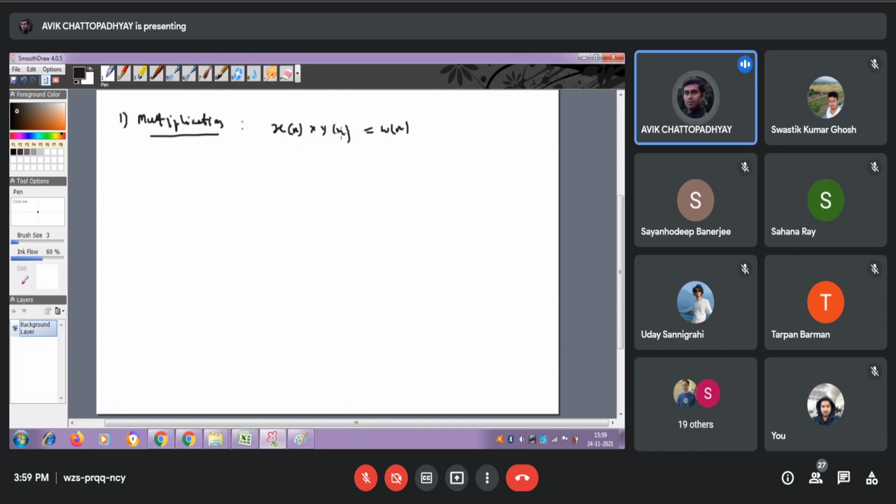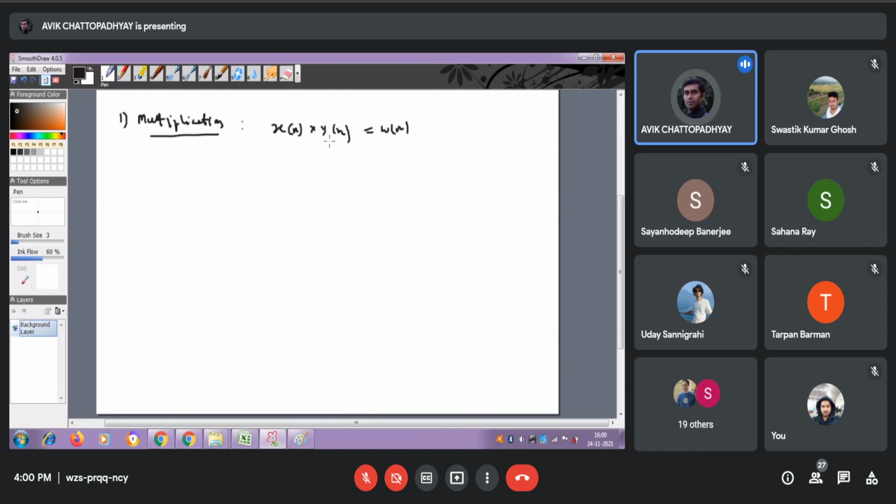Suppose n equals 0. For n equals 0, you have x of 0 as well as y of 0. Then only x of 0 will be multiplied by y of 0. Again, for n equals 1, suppose I have x of 1, and for n equals 1, I have y of 1. Then only x of 1 will be multiplied by y of 1.